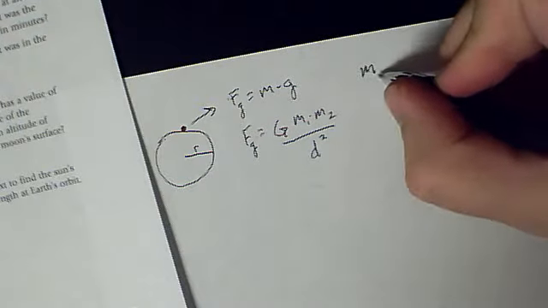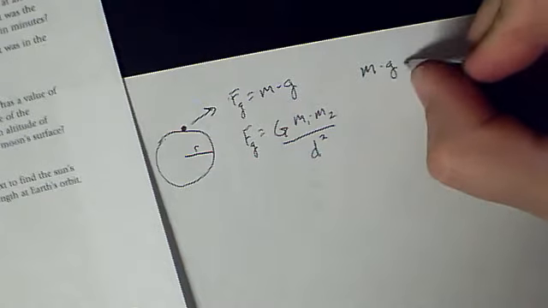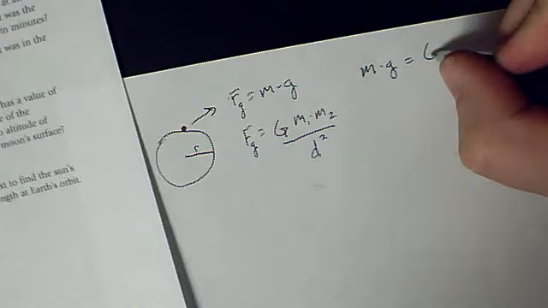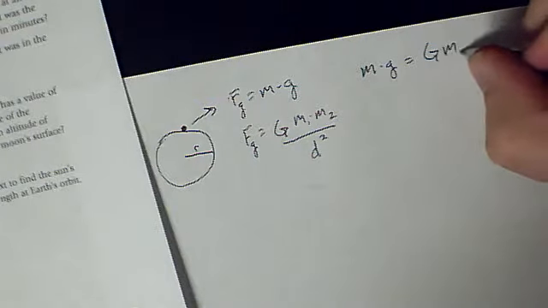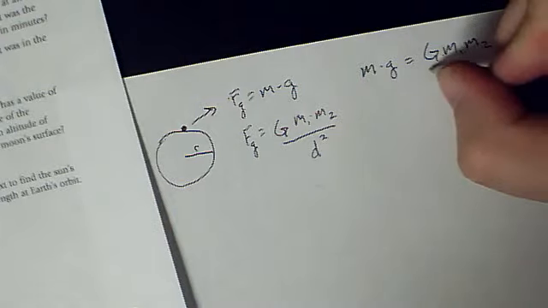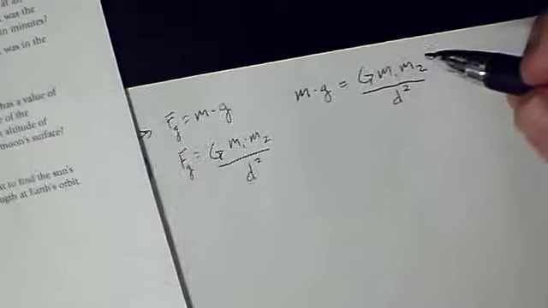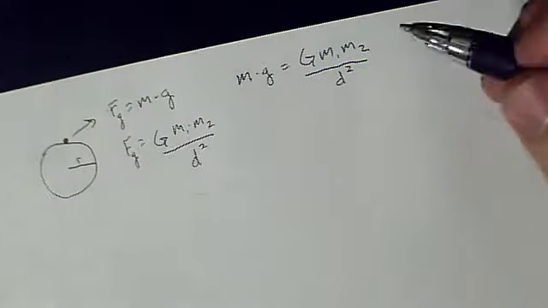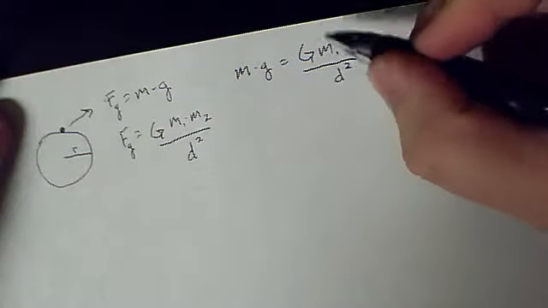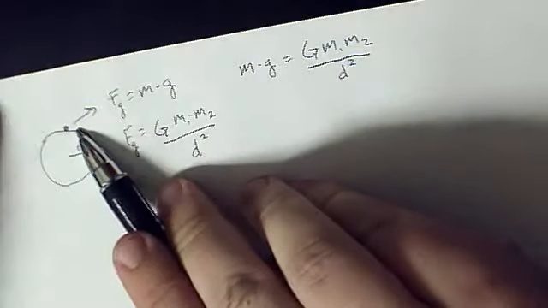So m times g is equal to big G times m1 times m2 divided by d squared. Now in this case, m1 is representing the mass of this object.